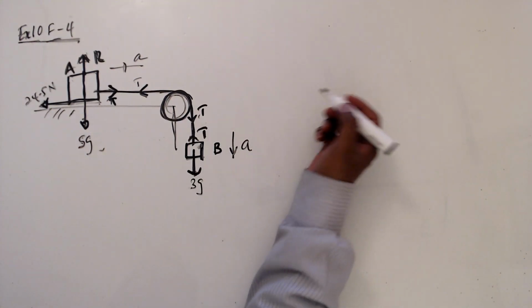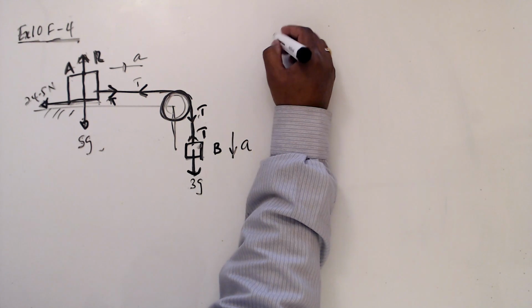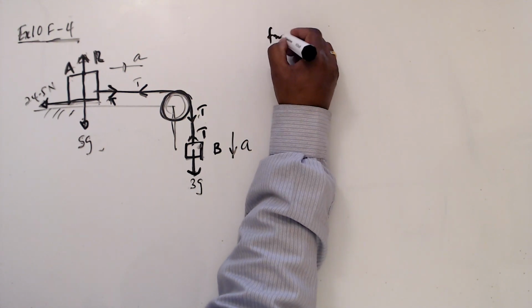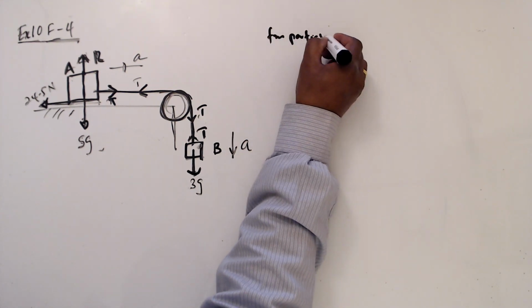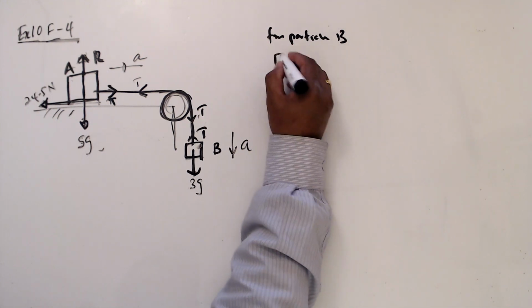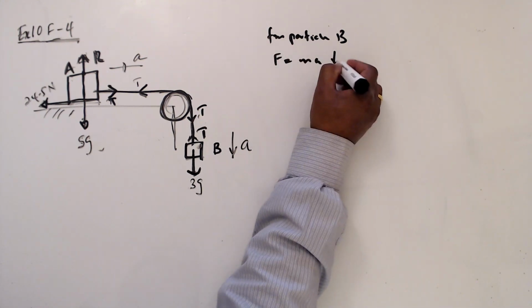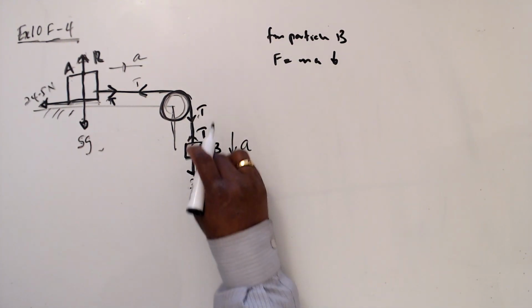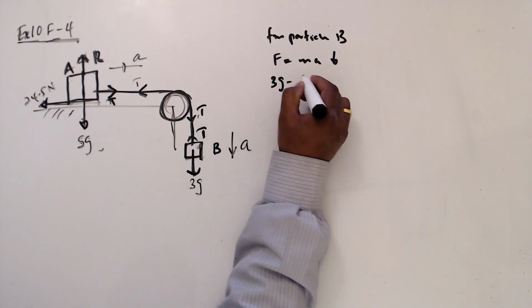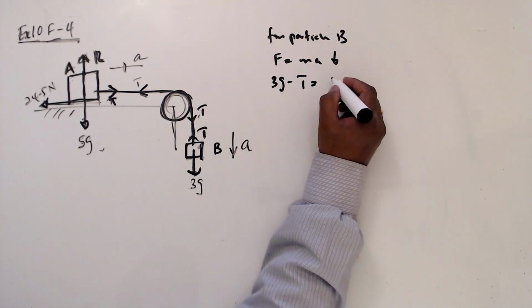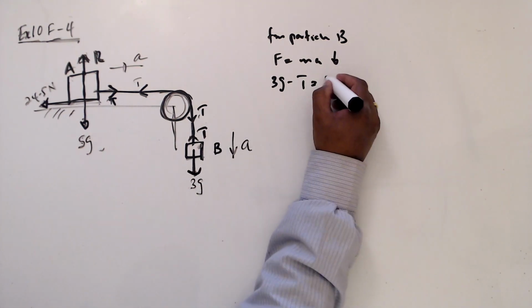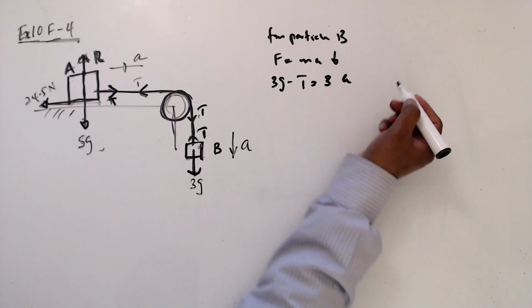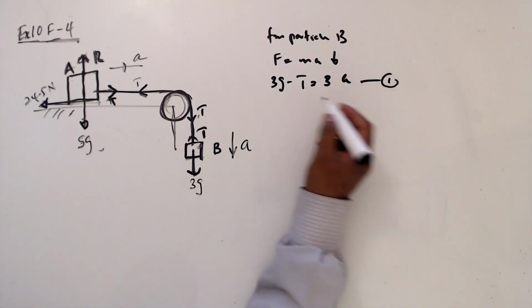So let's consider particle B. For particle B, F equals ma downward, then two forces: 3g minus tension. M we know is 3 kilograms and a we don't know. That is the first equation.